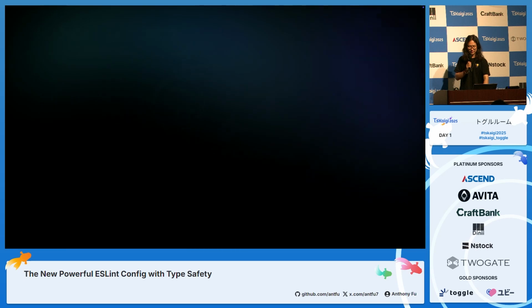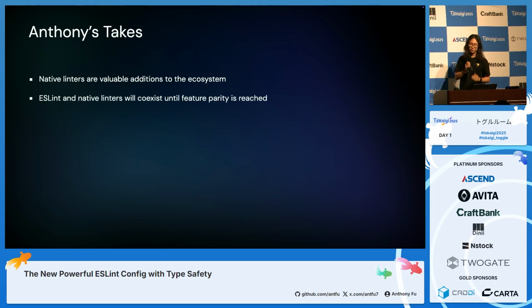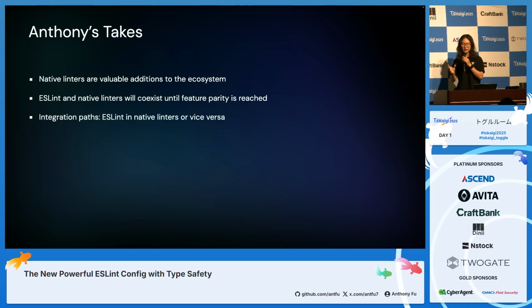Ideally, my take is that native linters are very valuable additions to the ecosystem. But before they reach feature parity with ESLint, I think they can coexist for quite a while. And for better integrations, I expect that either ESLint can be integrated into native linters or vice versa, like having native linter APIs in ESLint or something, during this transition period.